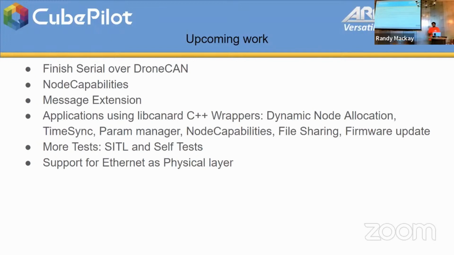Basic question about what kind of nodes is this intended for, and who would do this? So the question is, what kind of nodes is DroneCAN intended for? DroneCAN is basically an intra-vehicular communication protocol.